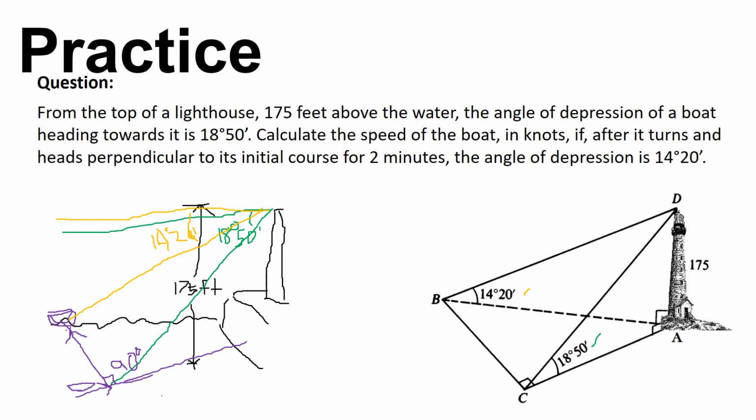Well, you simply applied geometry, because as you can see, the horizontal to the angle of depression is parallel to the seawater or sea level. Thus, you can deduce that this angle is 18 degrees 50 minutes. That's for this right triangle.